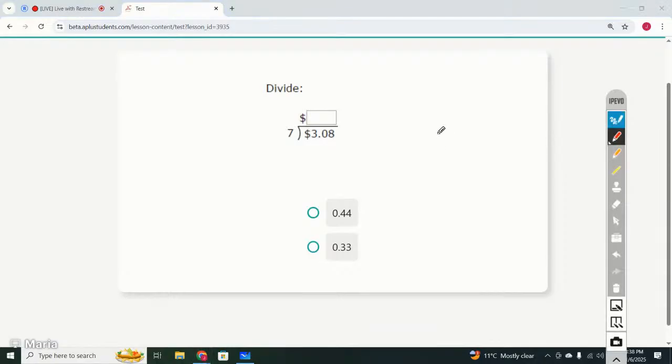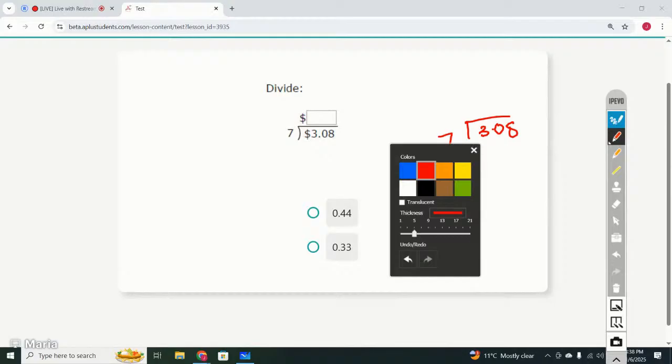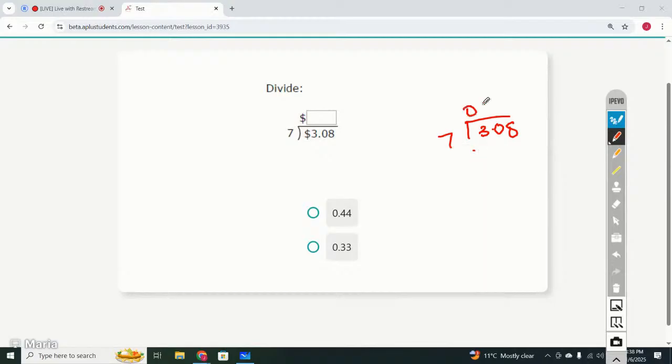Divide 3.08 by 7. So here we have 3. We cannot divide 3 by 7, so we have to put a 0 and decimal point over here, make it 30. 7 times 4 is 28. 10 minus 8 is 2. 2 minus 2 is 0.